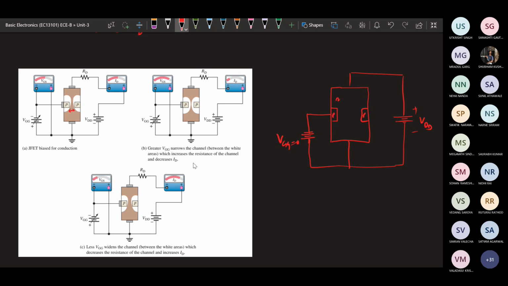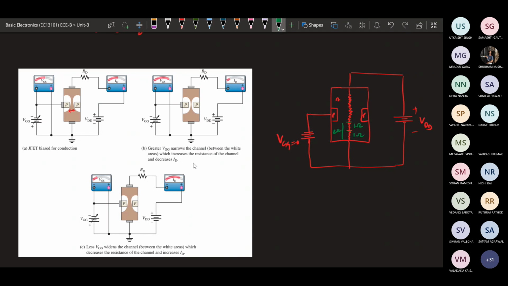At that time, this channel region is represented by an equivalent resistance. That means at this point, the resistance will be less. If we consider this resistance up to here, suppose 1 ohm, then by combining here, it will be another 1 ohm. So overall, it will be 2 ohm.